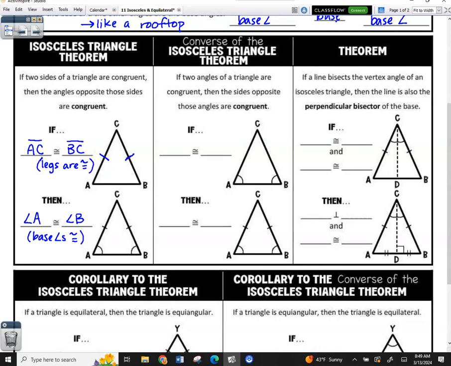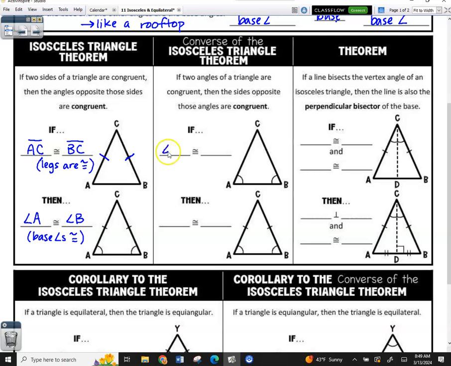Now look at the next one. What do you notice happened? What do we have here? We have 2 angles congruent. Remember we said however many congruent sides dictates the number of congruent angles, and then the same is true for the angles. However many congruent angles is telling you secretly how many congruent sides there are.